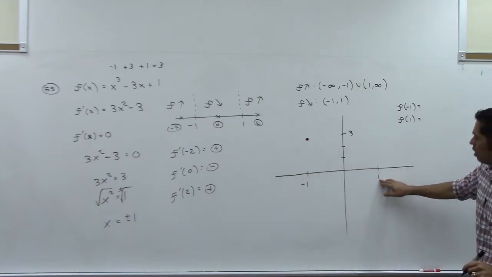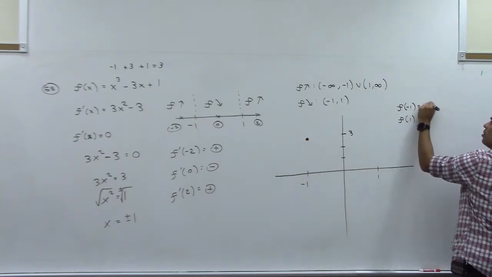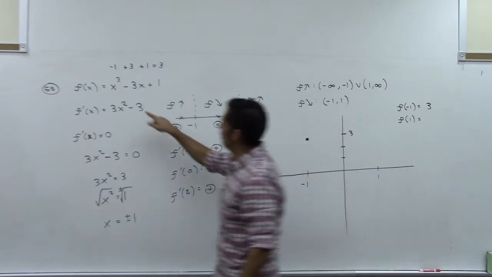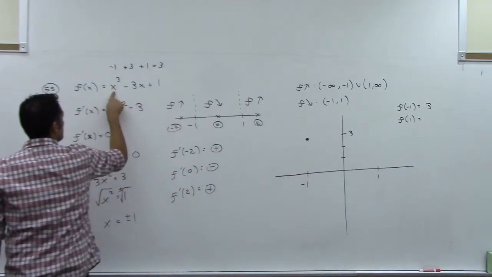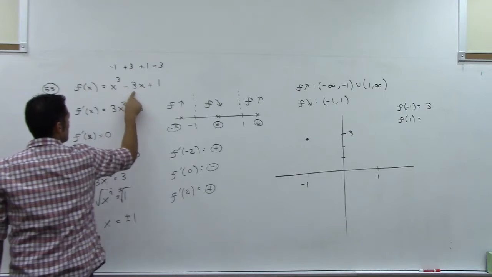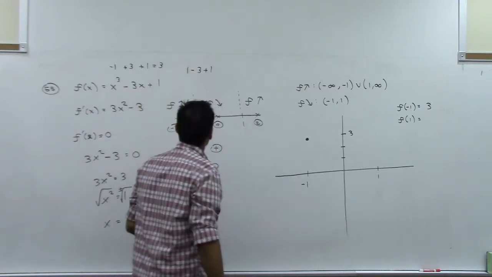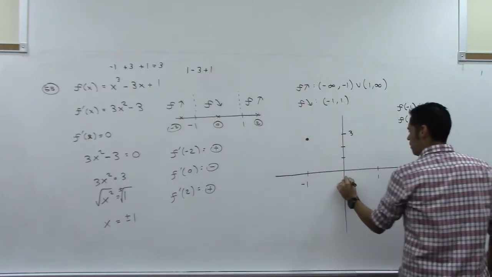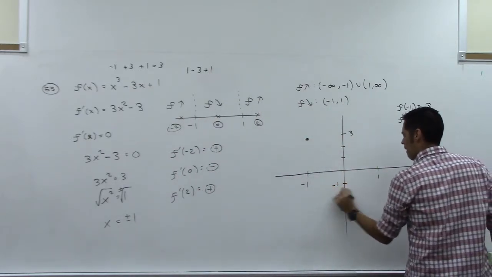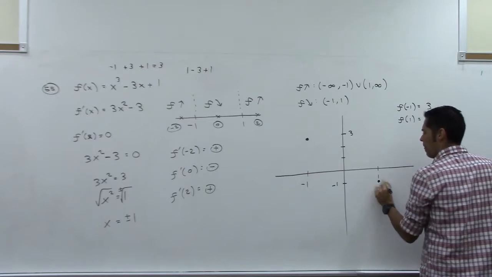And then if I plug in 1 into the function, see what I get. I plug in 1 here, I get 1 minus 3 plus 1, which is going to give me negative 1. So at 1, I'm at negative 1 like this.